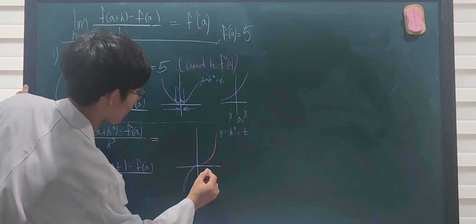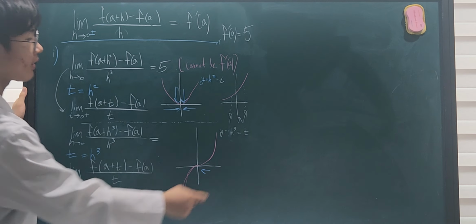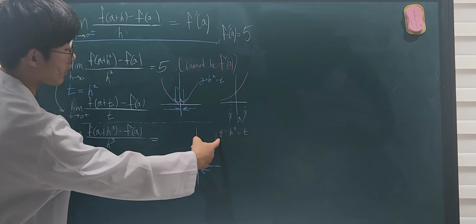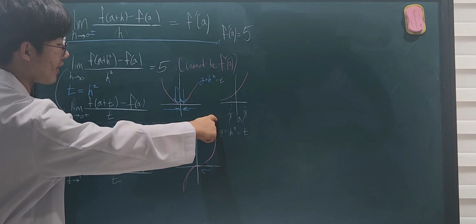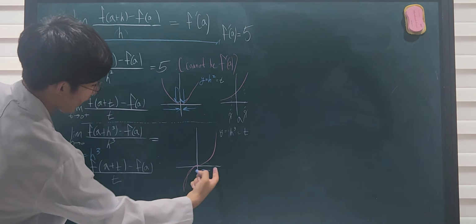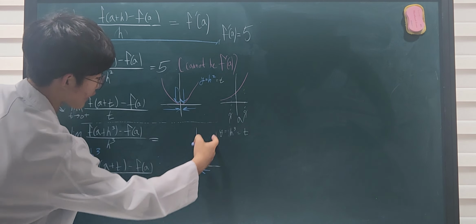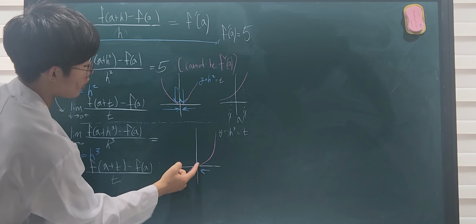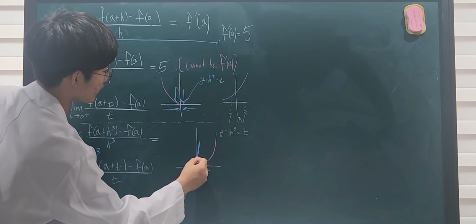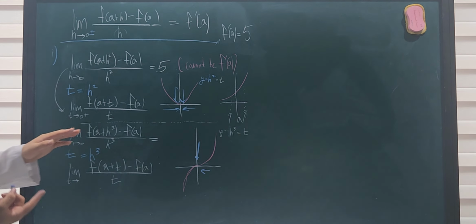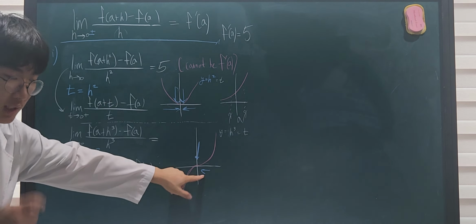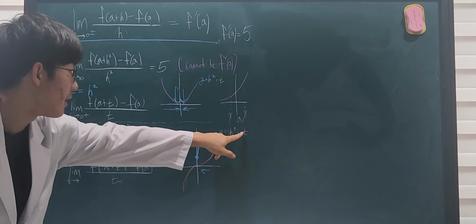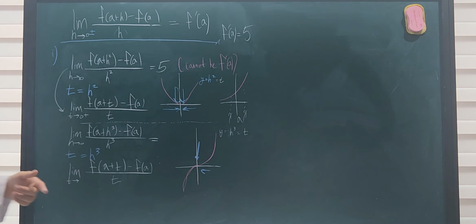When h approaches 0 from the positive side, the function starts off from the very positive infinite side. However, as h approaches 0 from the positive side, this function representing h cubed converges to 0, coming down from the positive side. So therefore, when h approaches 0 from the positive side, h cubed, equal to t, also approaches 0 from the positive side.